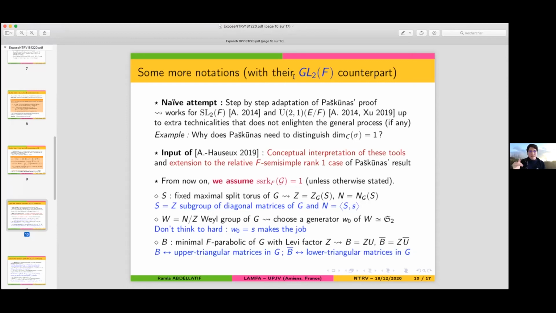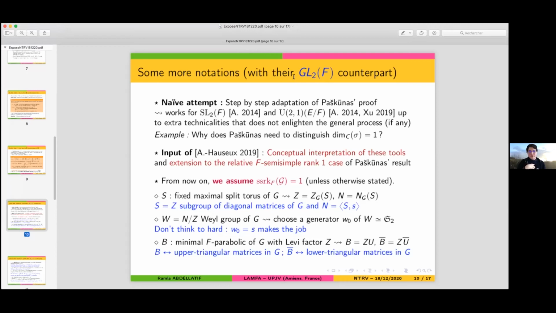It's T sigma plus lambda identity. If it's not one dimensional, then curly T is T sigma. And okay, if you try to go for SL2 and U21, you will have the same distinction that will appear, but it doesn't tell you why. I mean, it's not very satisfying, okay?